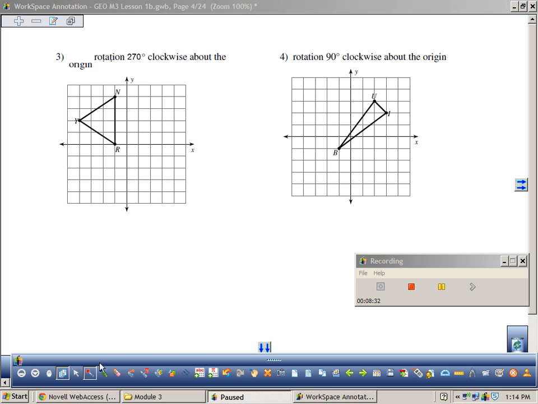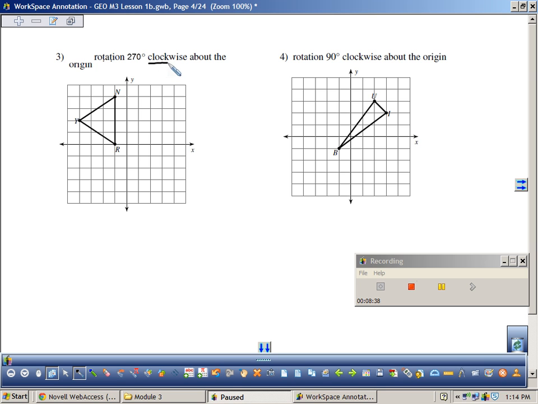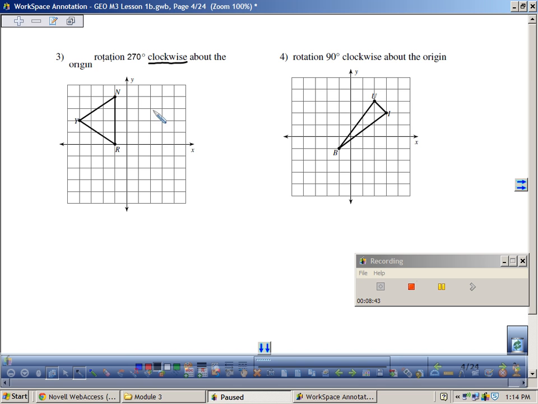Okay, number 3 says, a rotation 270 degrees clockwise. What would 270 clockwise be? 90 degrees counterclockwise.